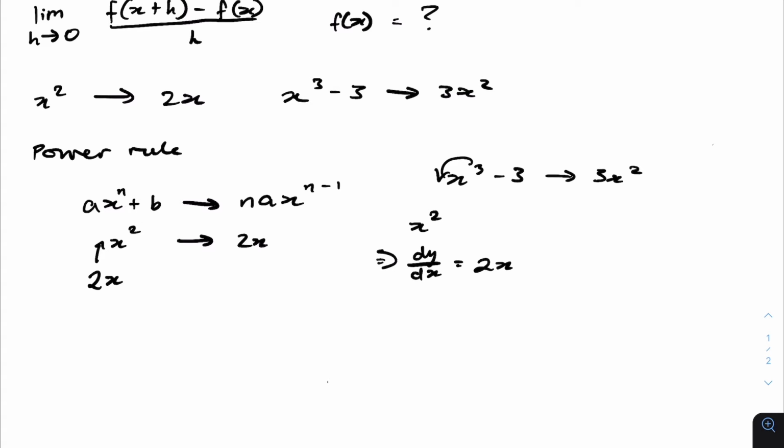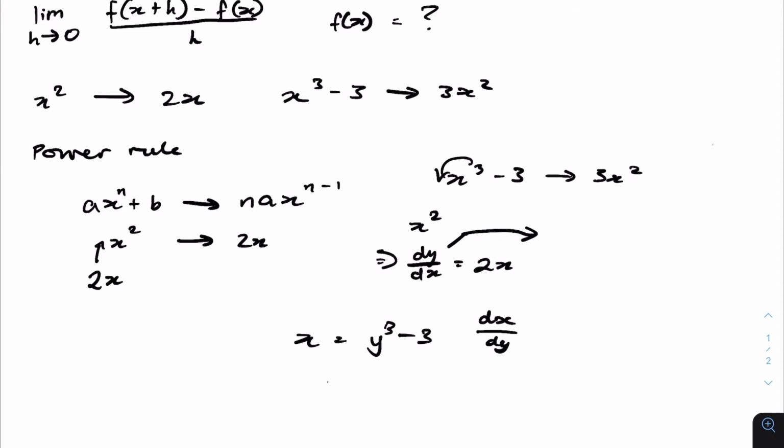Let's say we had x equals y cubed minus 3. That would become dx over dy. Essentially, using this logic, we're assuming that we have y equals whatever function, with y at the top and x at the bottom.